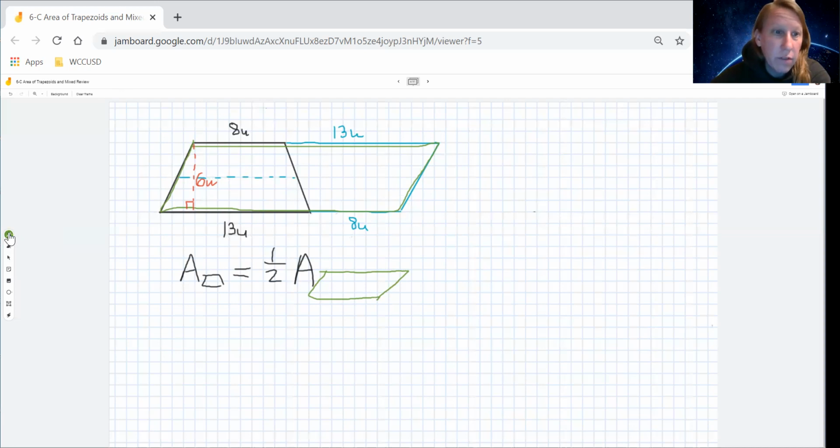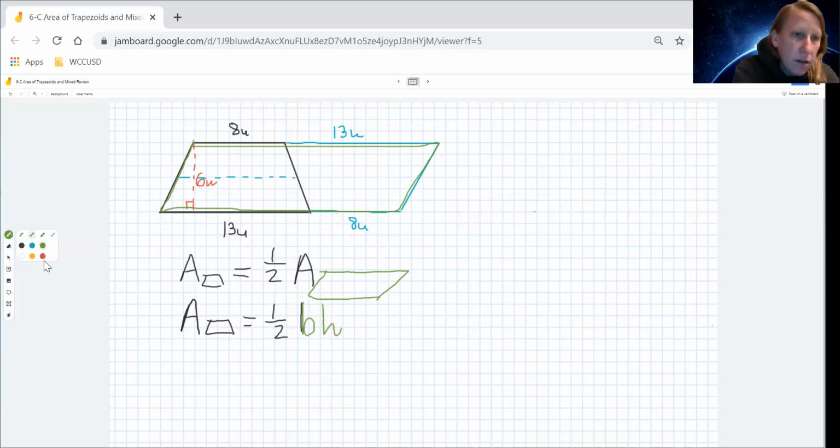Do we know the area of the parallelogram? Well, a parallelogram is base times height. So the area of this parallelogram, we'll do it this way. The area of the trapezoid is half. And then this is going to be, I'm going to use green here, base times height.